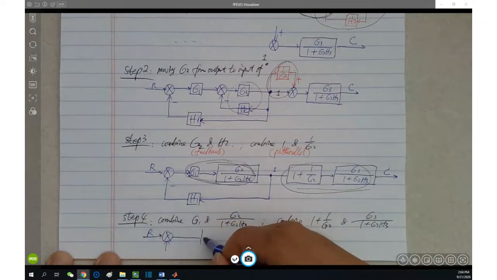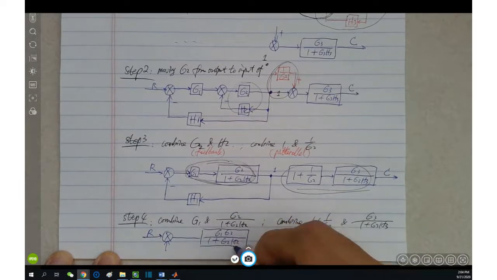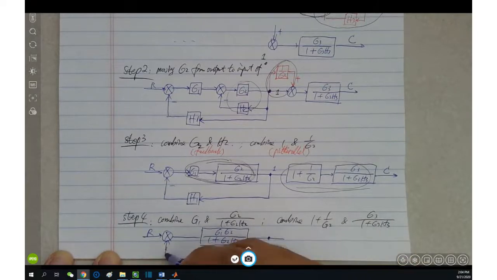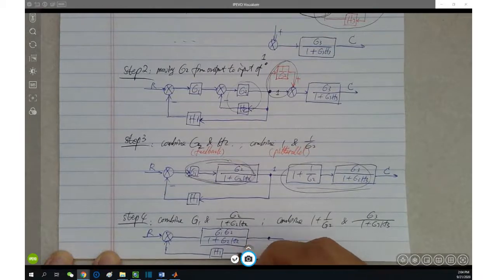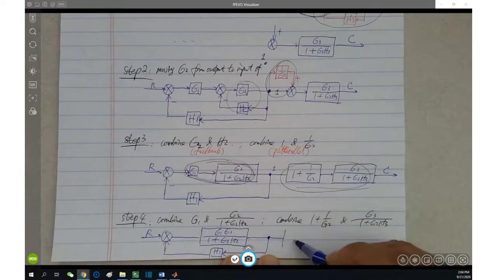This becomes G1, G2, over 1 plus G2, H2. Cascade is just a product. Cascade is just a product. And with a feedback of H1 here. Don't forget. And these cascades, you just need to do like this.